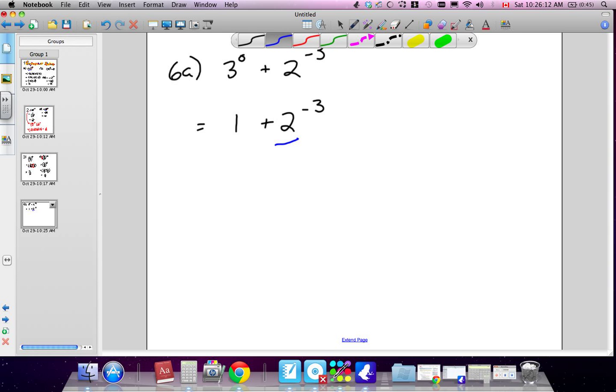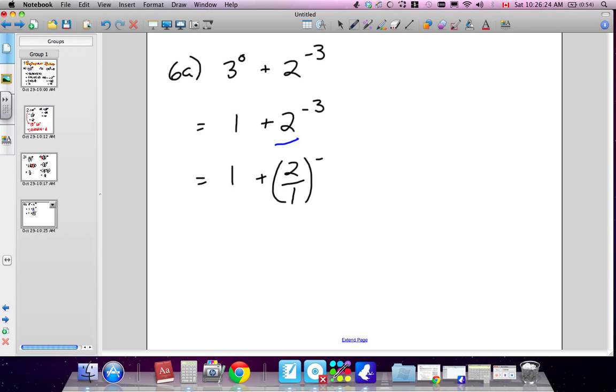Sorry, you skipped a step. So we have the power of negative 3, and now they want positive exponents only, right? In order to make that exponent positive, we have to flip the fraction, find the reciprocal, right? So we end up with 1 over 2, like you said, to the power of 3.